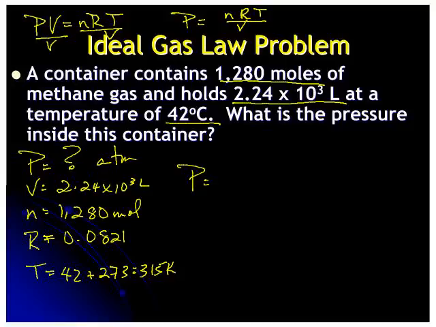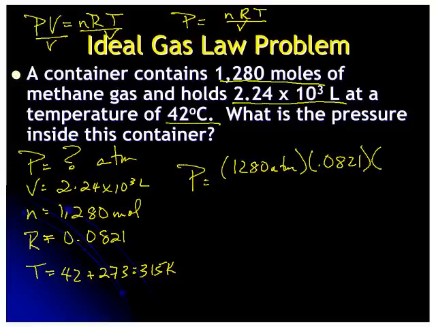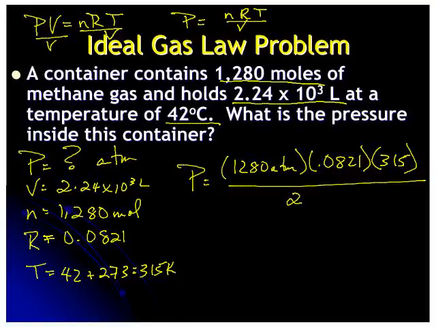So let's do our N. 1.280 moles, our R, 0.0821, our T, 315, divided by our volume, 2.24 times 10 to the third liters.